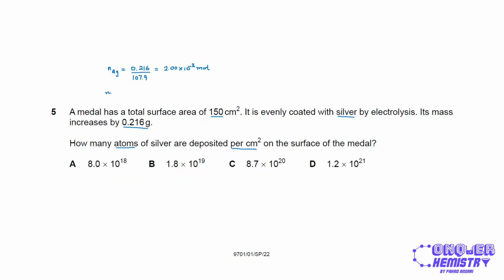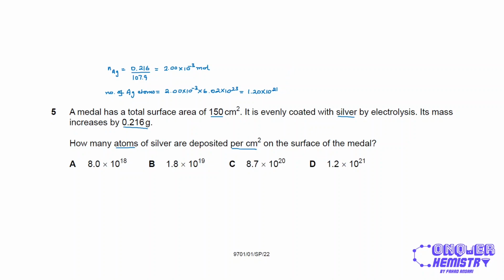So the number of silver atoms, we multiply the number of moles of silver atoms by the Avogadro constant, which gives us the number of atoms per mole. And this will give us this number of atoms, 1.20 × 10^21.